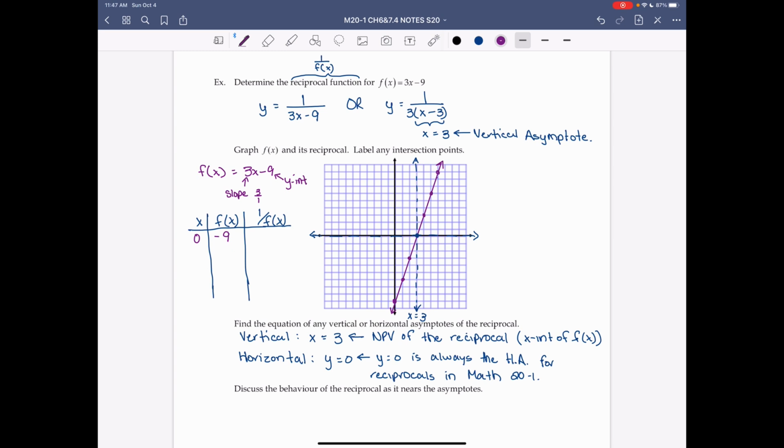So 1 over f of x would be -1/9. When x is 1, y is -6. So 1 over f of x would be -1/6. When x is 2, y is -3. So 1 over f of x would be -1/3. When x is 3, y is 0. So 1 over f of x would be undefined.